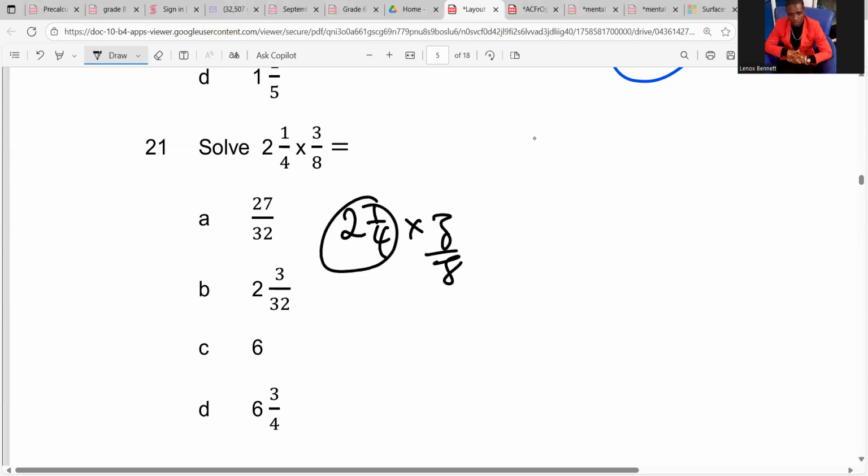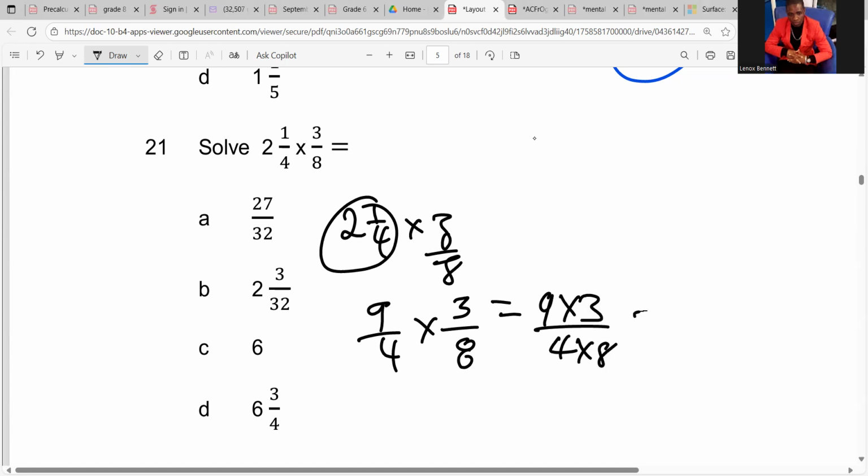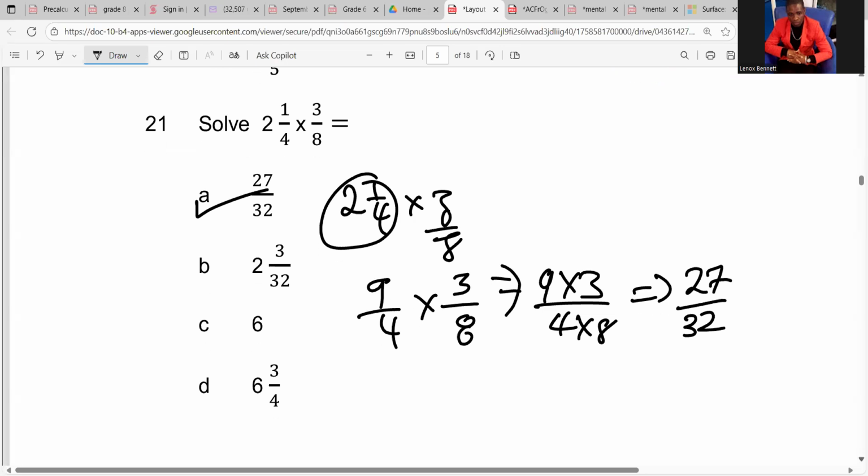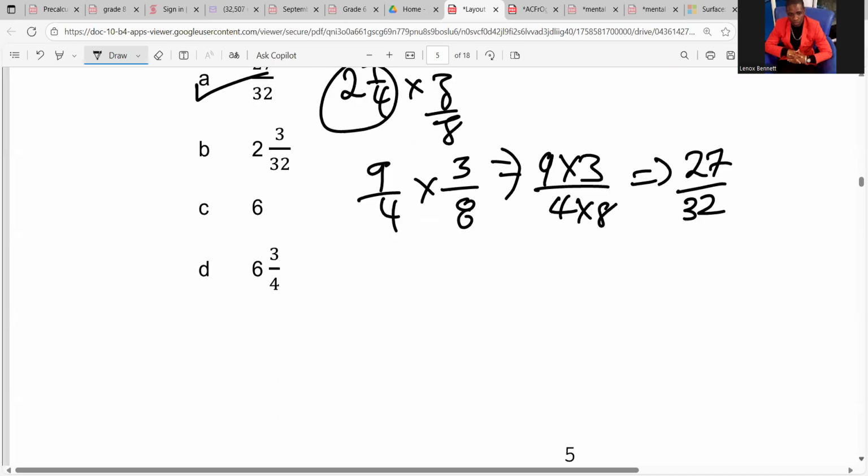Do the conversion. 2 fours are 8 and 1, 9 over 4 times 3 over 8. The rule says numerator by numerator, denominator by denominator. 9 times 3 is 27, 4 times 8 is 32. That leaves us with A.